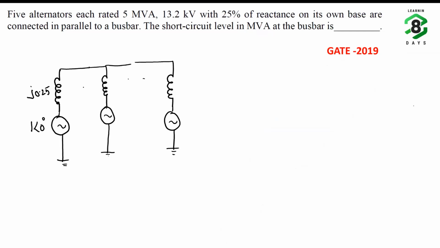0.25. Understand? Since they are connected in parallel, how can you treat this impedance diagram equivalently? If you remember your circuit theory, when identical sources are connected in parallel, you can keep the voltage source and all the impedances in parallel.